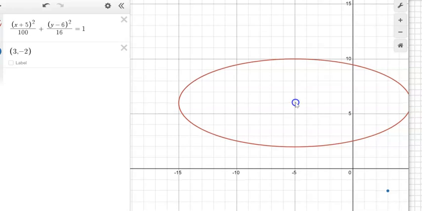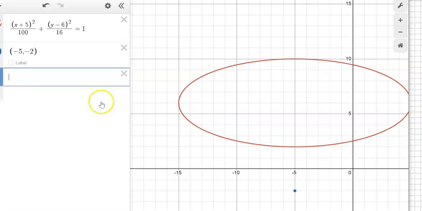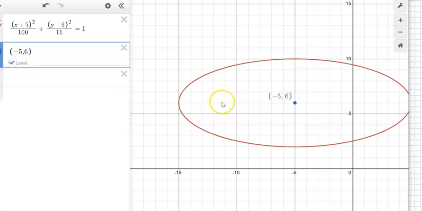So notice there's my center right there at the point negative 5, 6, right? The opposites of those values. And then in this direction, I'm offset by 10, the square root of that, right? 1, 2, 3, 4, 5, 6, 7, 8, 9, 10. So this point right here, notice it's negative 15, 6.